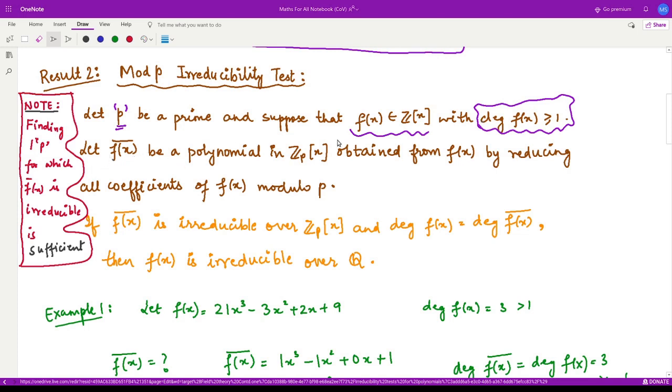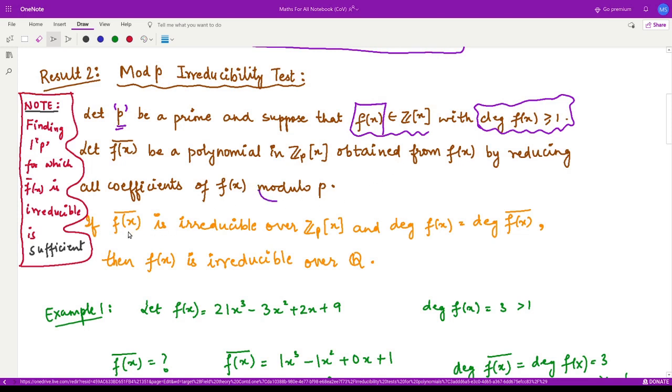So what you need to do is, let f̄(x) be a polynomial in Zp[x] obtained from f(x) by reducing all coefficients of f(x) modulo p. That means each coefficient of this polynomial is reduced modulo p, right?